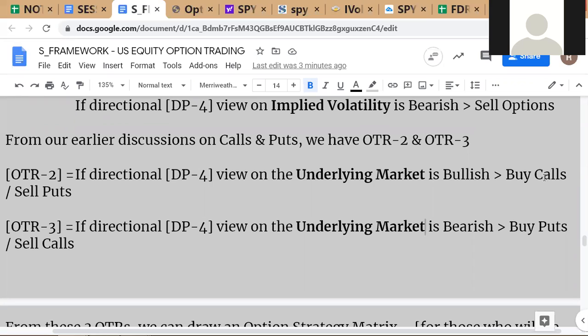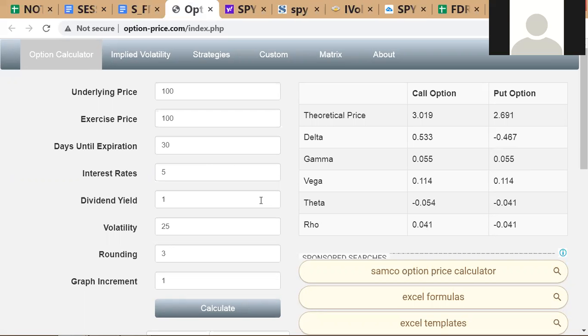Why would you buy calls? That means that you are expecting to make money. The call prices will go up and you bought them, so then you'll make a profit. The call prices will go up if the view is correct. Underlying market is bullish means prices will go up.